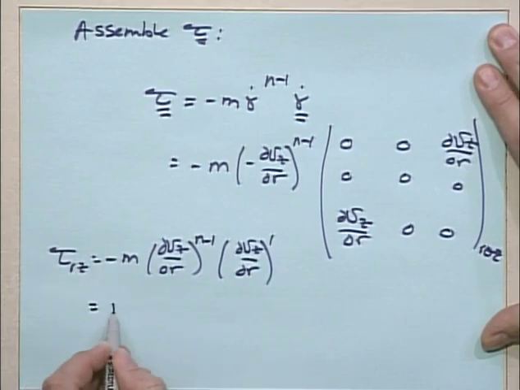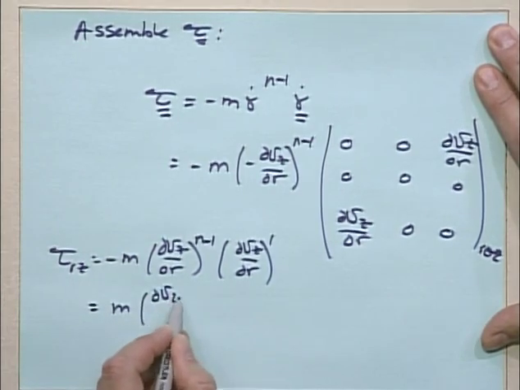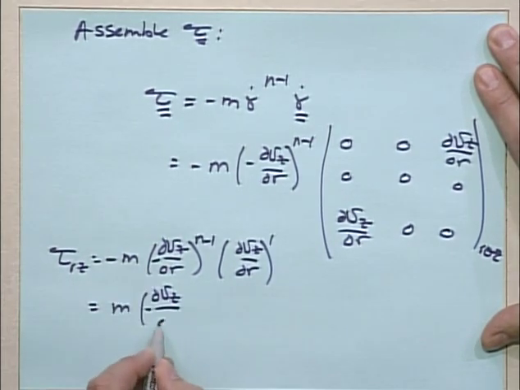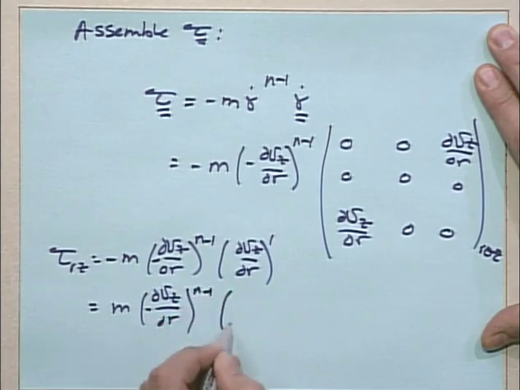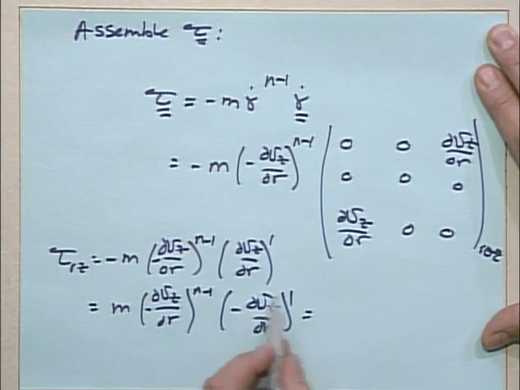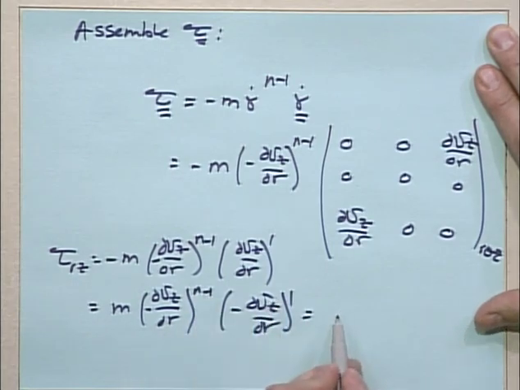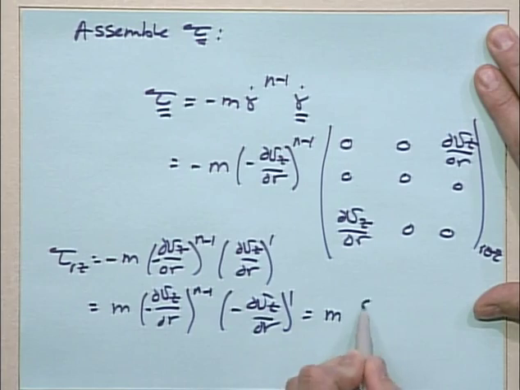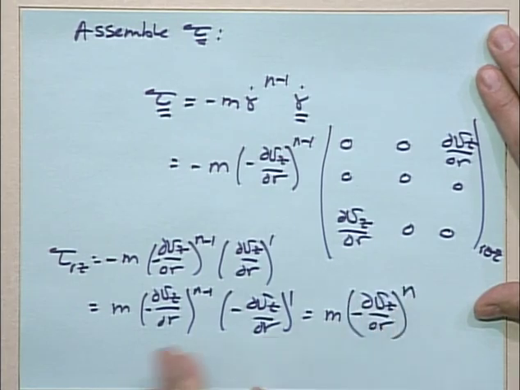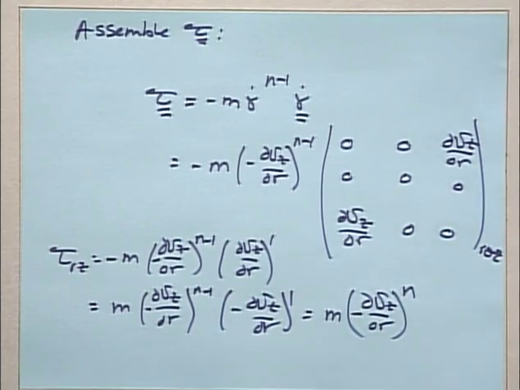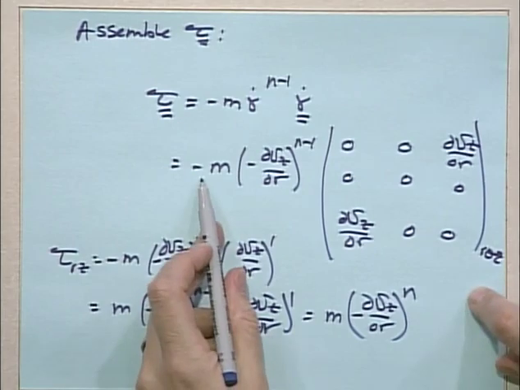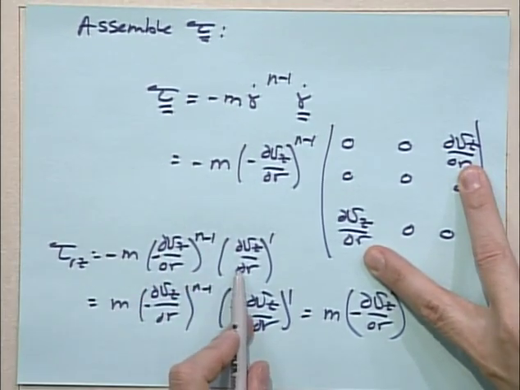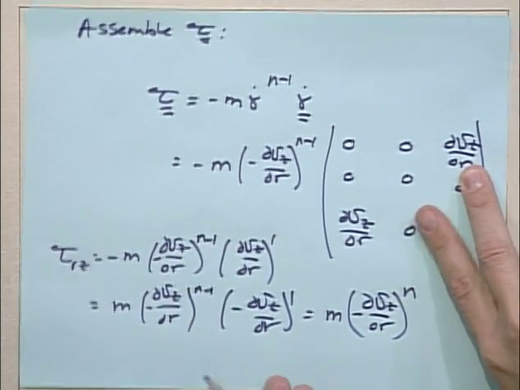I can make that m times minus dvz dr to the n minus 1 times dvz dr to the 1. When I multiply two things, I just add their exponents and I get m times minus dvz dr to the n. So this minus sign out front, I just associated it here so that I can combine these two terms.